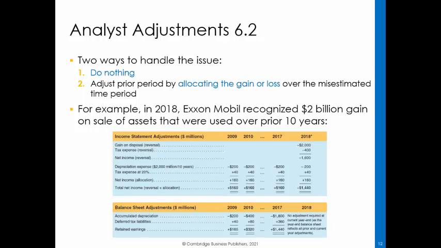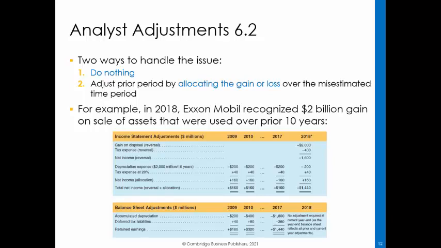To illustrate, in 2018, ExxonMobil recognized a $2 billion gain on sale of assets that were used over the prior 10 years, implying that depreciation expense had been overstated by $200 million in each of these years. To adjust for this, we could decrease depreciation by $200 million per year and increase pre-tax income by the same amounts. Assuming a 20% tax rate, the tax effects of the adjustments are shown on this slide.